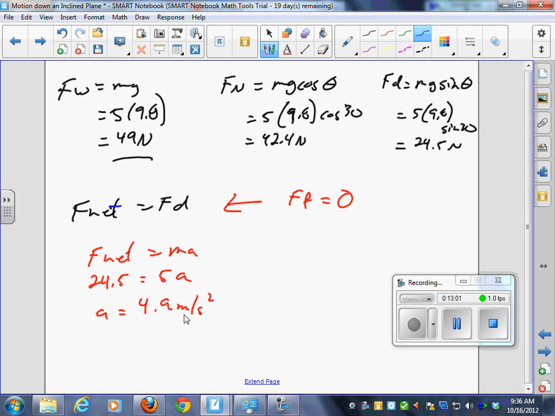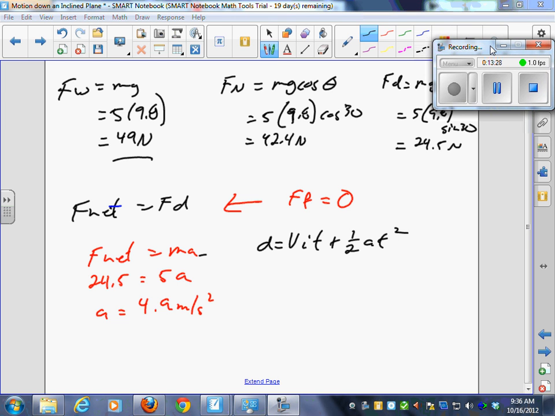Okay. And now that you've got the net force, remember, F net is the bridging formula. It's the formula that takes you from all the forces, all the dynamics, into speed and all the kinematic stuff, right? Because it has the a in it. And so now with the acceleration, I want to get the time at the bottom. So I can use d equals vi t plus 1/2 a t squared.